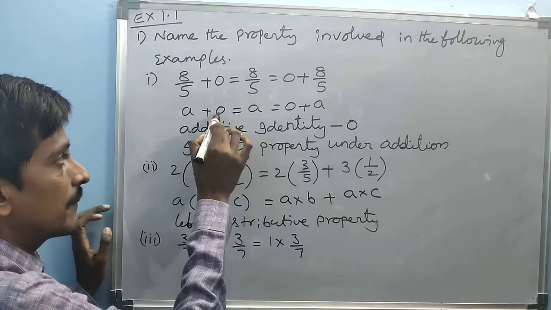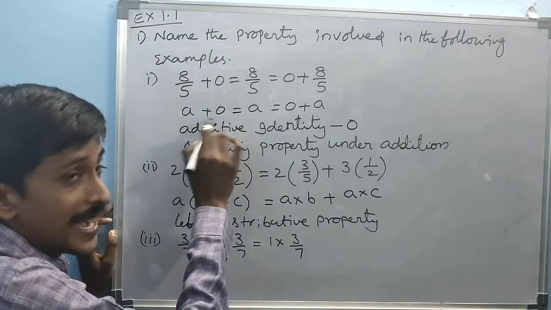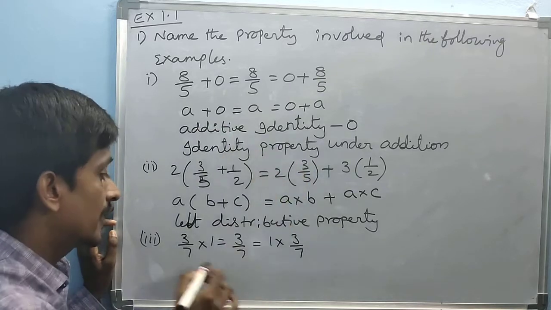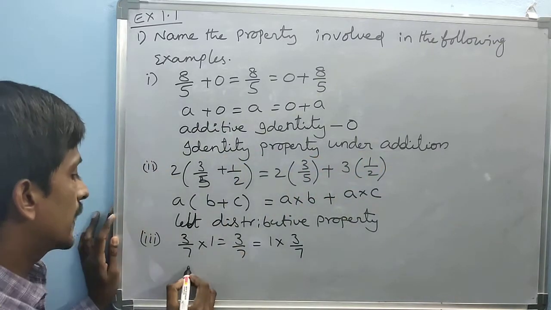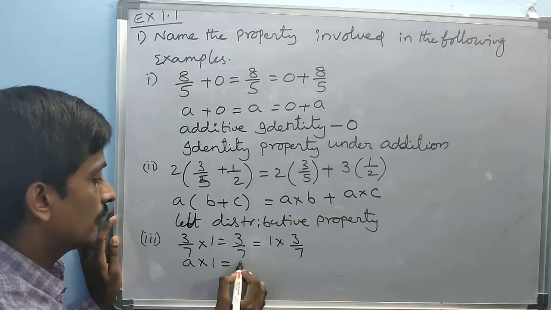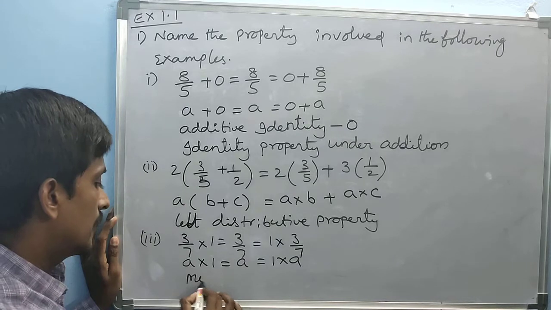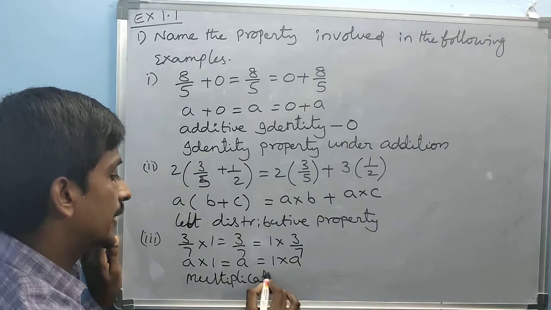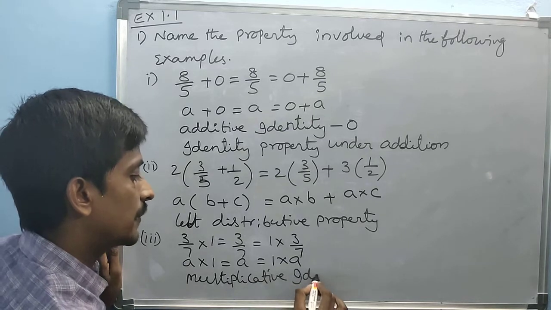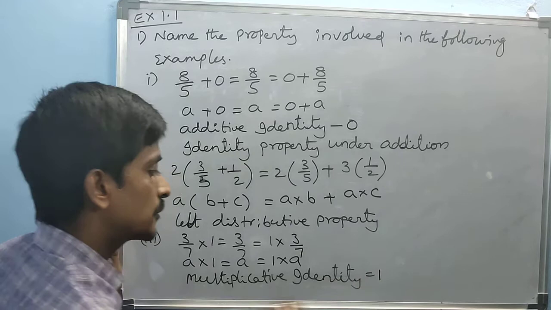Earlier, the number added to the given number giving the same number was the additive identity. Here, identity property under multiplication. A into 1 equals A equals 1 into A. What is the multiplicative identity here? 1.